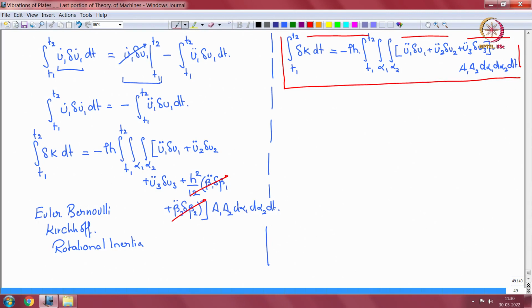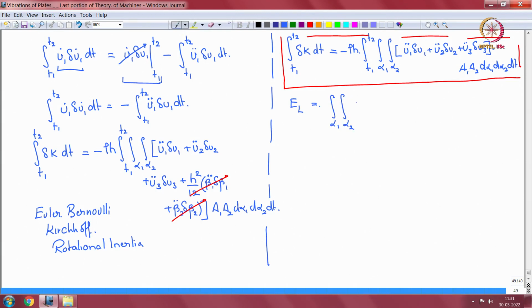Now, the boundary loading, the external loading term. The external loading term looks like this. EL, the external loading, is actually integral alpha 1, integral alpha 2.